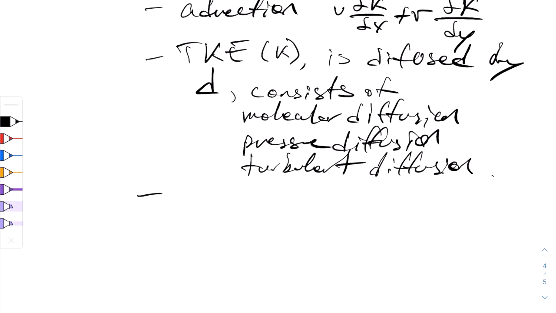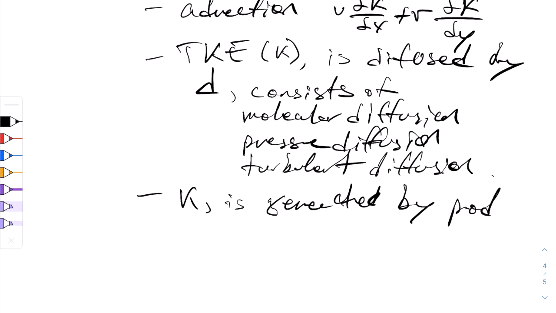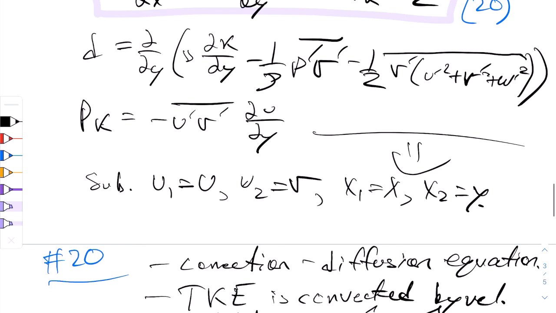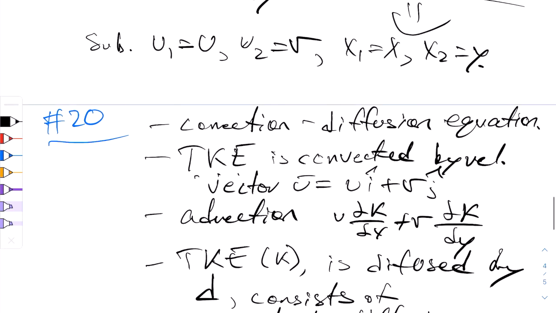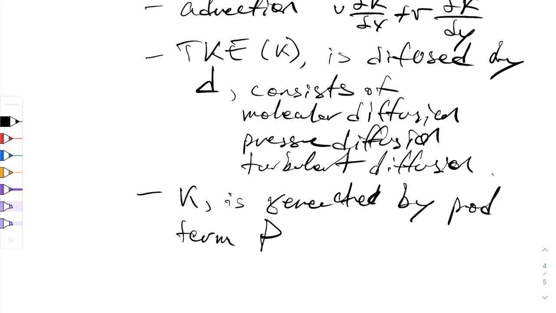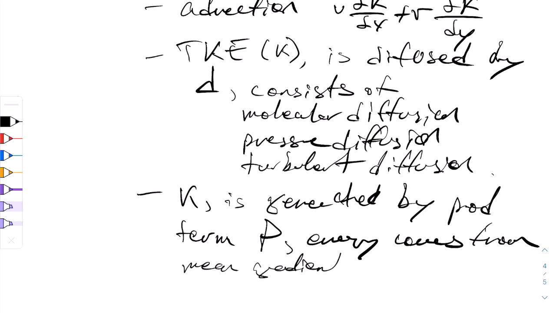Another note, turbulent kinetic energy, or K, is generated by the production term P, which is right here, which extracts energy from the mean gradients of the velocity field.